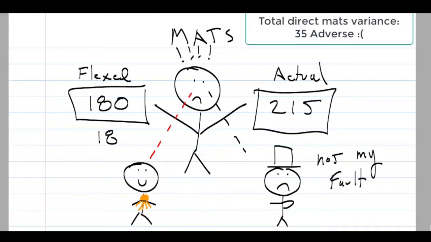The total variance that we spoke about several minutes ago is great for high-level control. This adverse 35 variance that we see here is nice. But in order to properly control the business, we need to assign controllable KPIs to our management, to our staff, and there are two people who deliver that total materials variance.